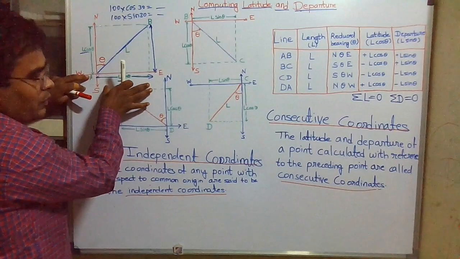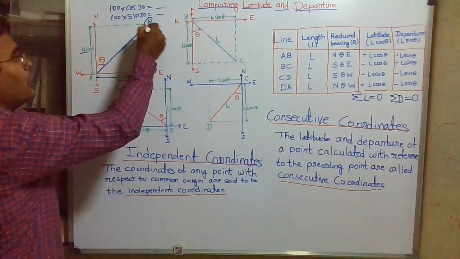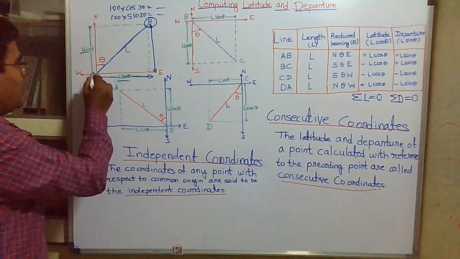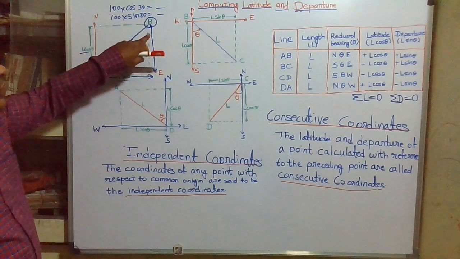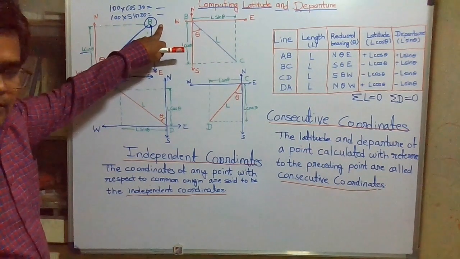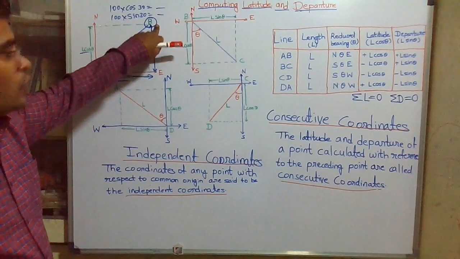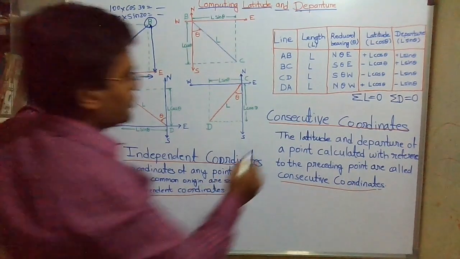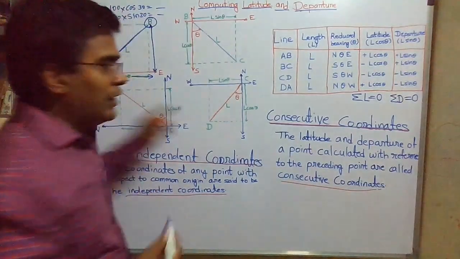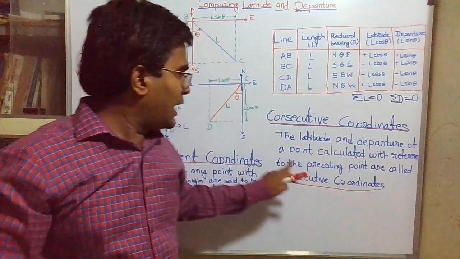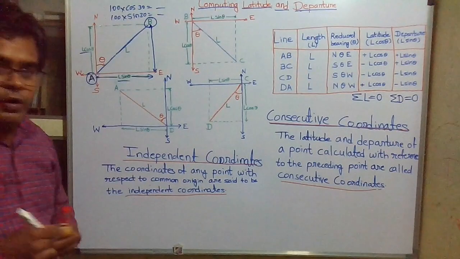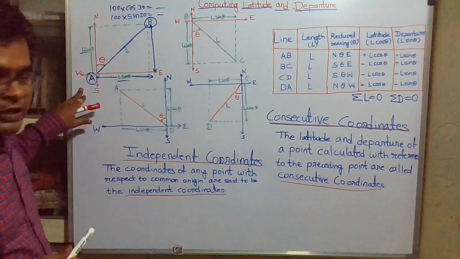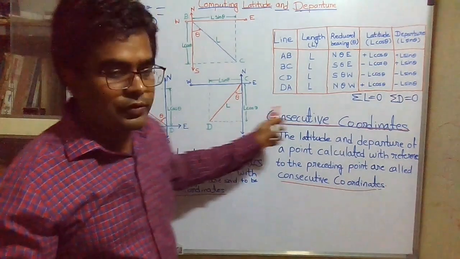What we are getting is the position of point B with reference to point A. This is our point A. Position of point B with reference to which point? The preceding point, that is A. That is nothing but the consecutive coordinate. Means here we have calculated the coordinates of point B with reference to point A, the preceding point. This term is called consecutive coordinate.